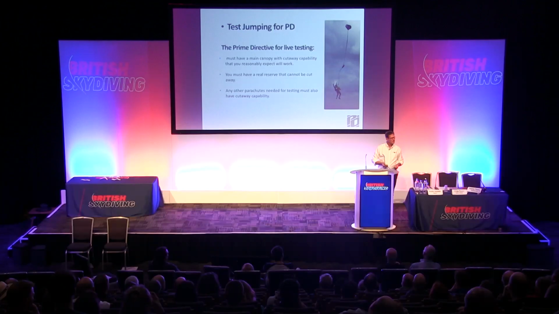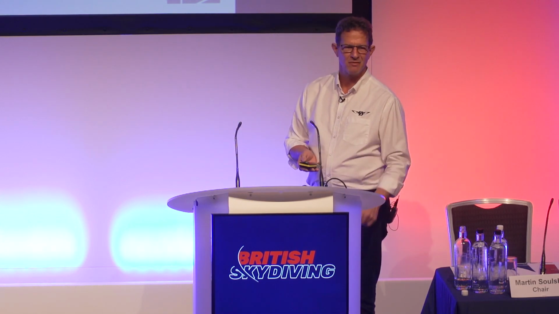They put the reserve away and then jumped the rig where both the canopies on the back could be cut away. That violates this. And when I saw it, he said, oh, I know which handles I'm pulling. I can't live with that. So the day I saw that, he never jumped for us again. So that's the first part of the prime directive.